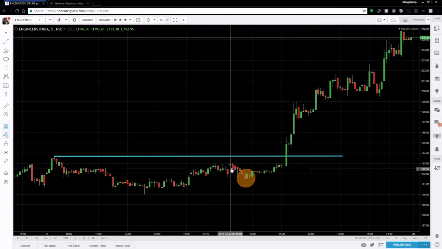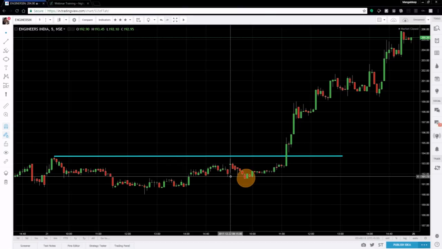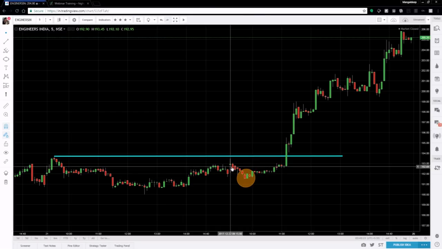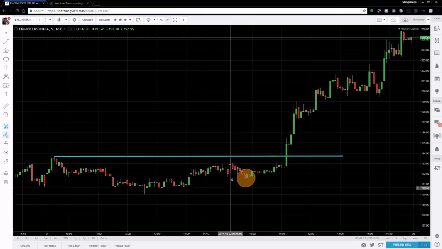So what can you decide by seeing the first 5 minute candle? It's a purely indecisive candle. You cannot decide whether the stock will go up or down.